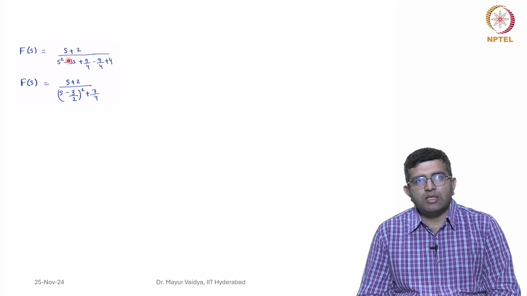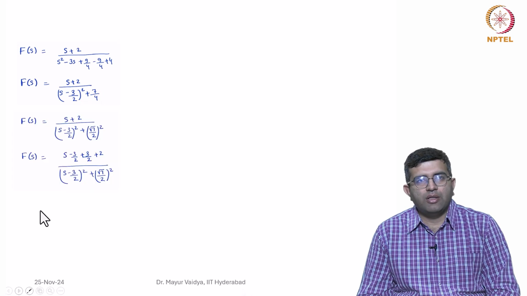So you see that this was 3 here, the coefficient of s, and half of it is 3 by 2 and the square of it is 9 by 4. So I added 9 by 4 here, subtracted 9 by 4 here. What it does is that now it becomes s plus 2 divided by this whole term, which is like a minus b whole square. So it becomes s minus 3 by 2 whole square plus 7 by 4.